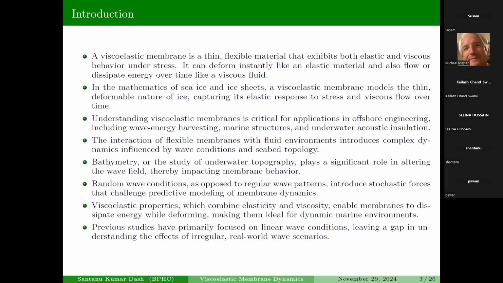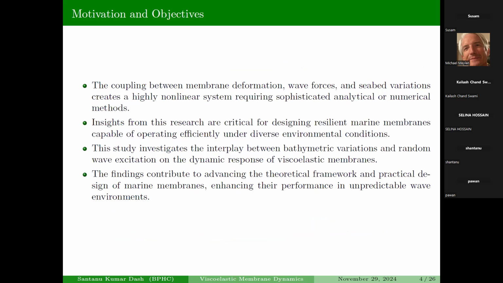In general, they are highly irregular in nature, and this can be represented by a suitable spectral analysis, with random wave conditions represented by a suitable sea spectrum. In the present study, we will study the bathymetry effect as well as random wave conditions by considering the Pierson-Moskowitz spectrum. Besides that, we will discuss the hydrodynamic parameters associated with these random waves, how they behave over time and change with the angular frequency.